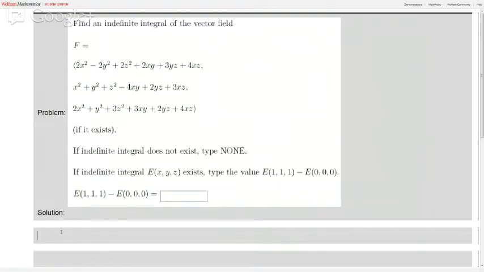Hello. In the course of this video, I will demonstrate using Wolfram Mathematica 9 how to find the indefinite integral of a vector field in 3 dimensions.